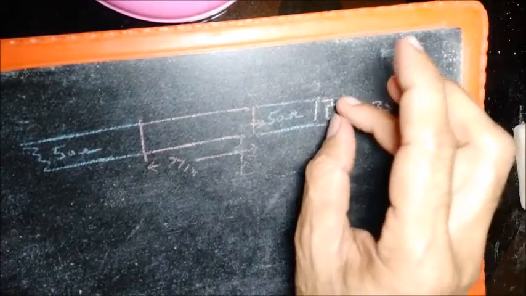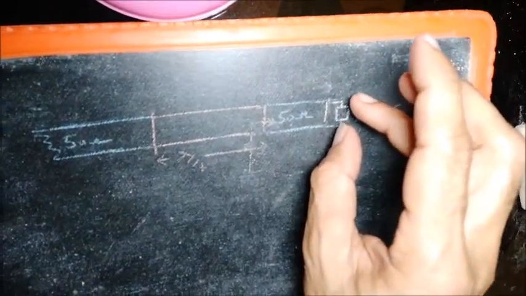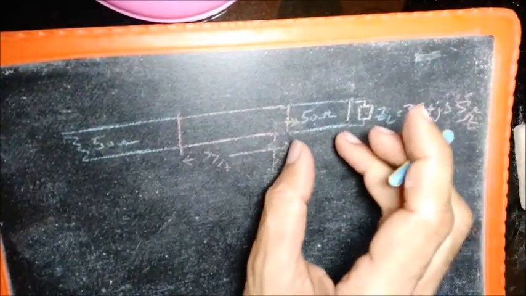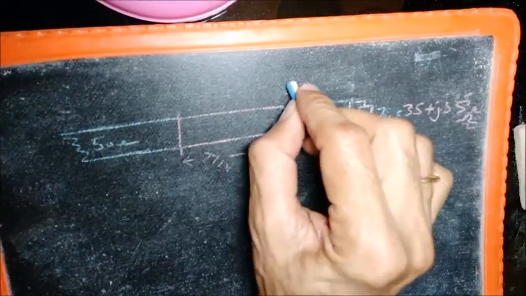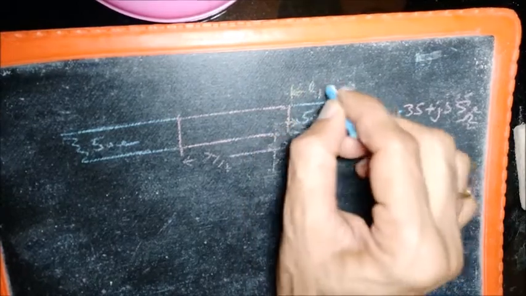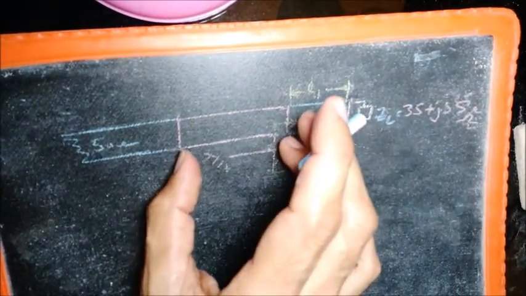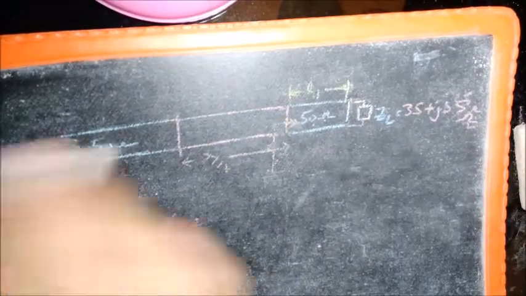So this is the antenna that we are talking about, which is now reduced to a simple load ZL. This is the transmission line adjacent to the antenna which is of length L1. We have to determine that, and then we have the lambda by 4 line and the 50 ohm transmission line.